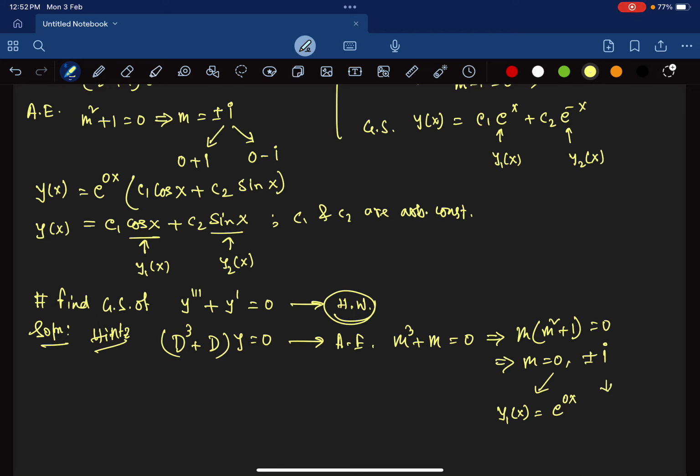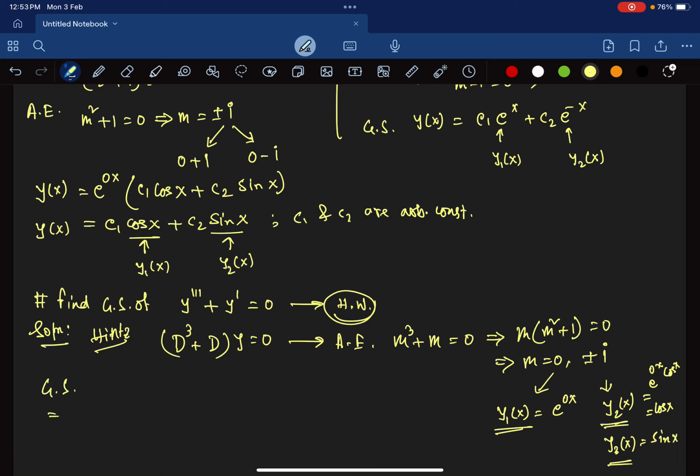And from here the complex part, y2 is e^(0x) cos x, that is cos x, and y3 is e^(0x) sin x, so sin x. Now the combination of y1, y2 and y3 will give you the general solution.